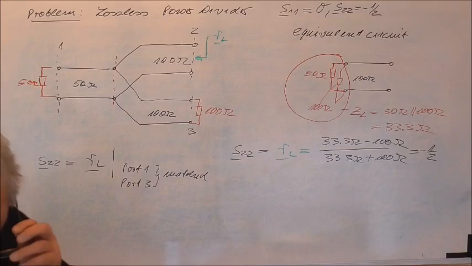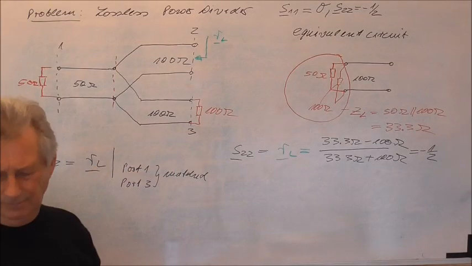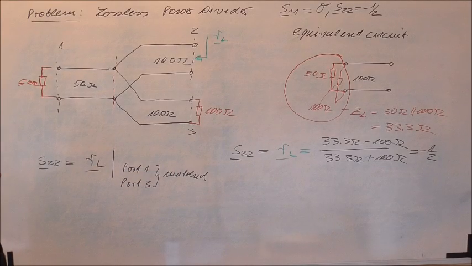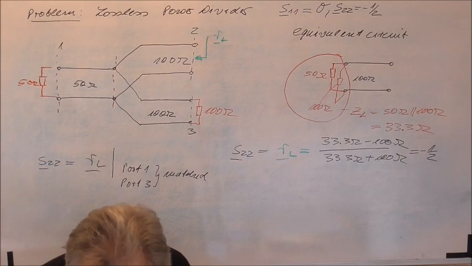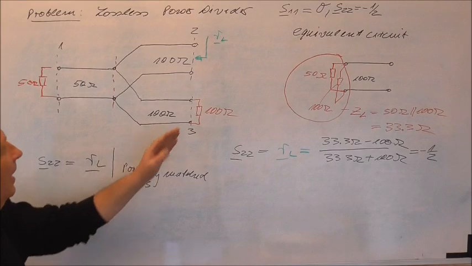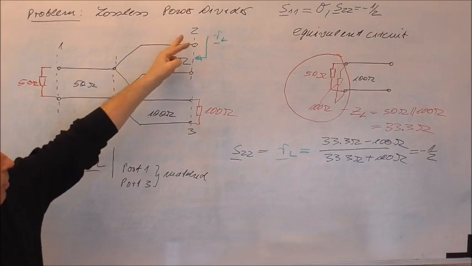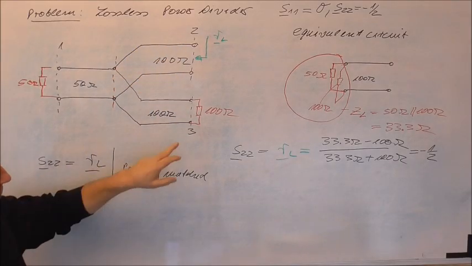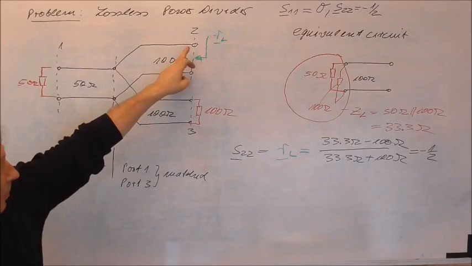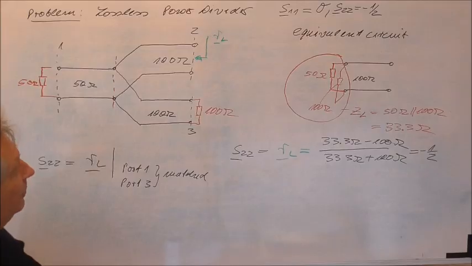Are there some questions considering now the derivation here? There seem to be again no questions. Then we again consider the symmetry. You see here, if I interchange port 2 and port 3, for example, if I would name this to be port 2 and this to be port 3, we would end up in the same considerations.